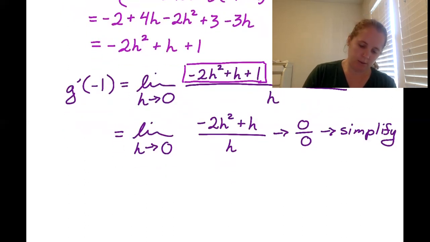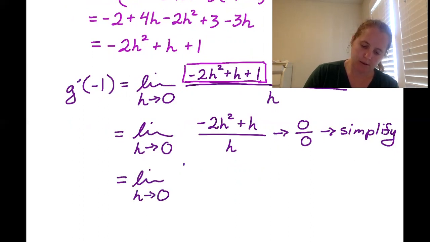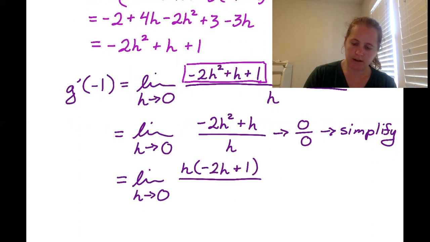We can factor out an h, and then we have negative 2h plus 1 left inside.